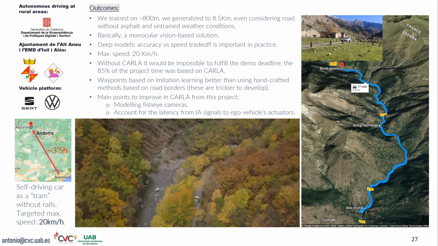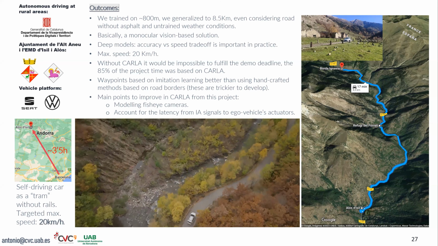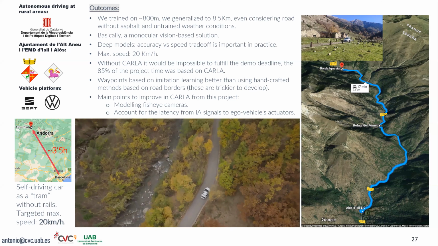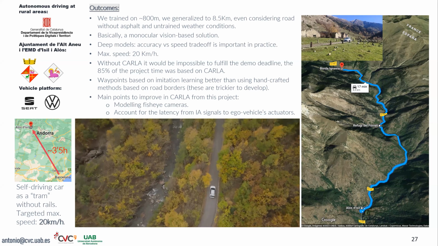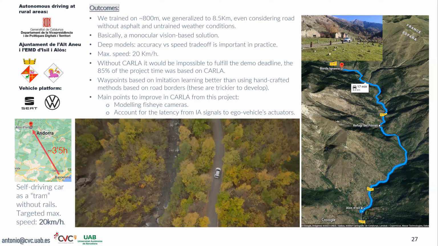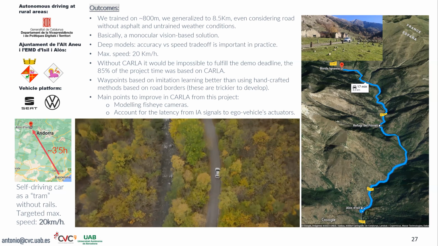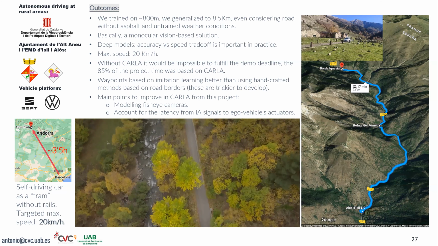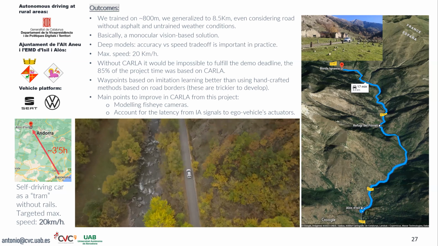Another thing is to account for the latency of your system in the simulation. I mean, you take the raw data, the images, you process, and then you deliver the commands to the car. And this takes some time and has to be modeled in the whole system.